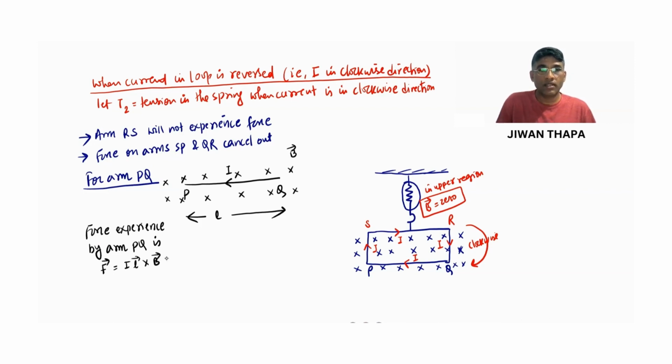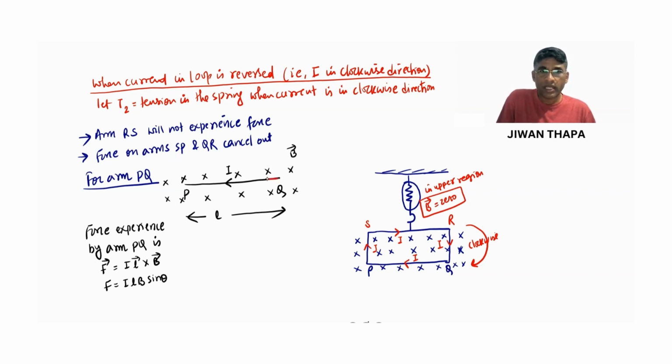So we have this. So F equals this. And as we did earlier, the angle between current element and magnetic field: I can take a small current element.